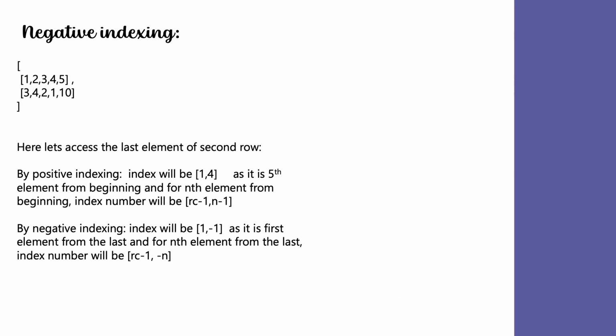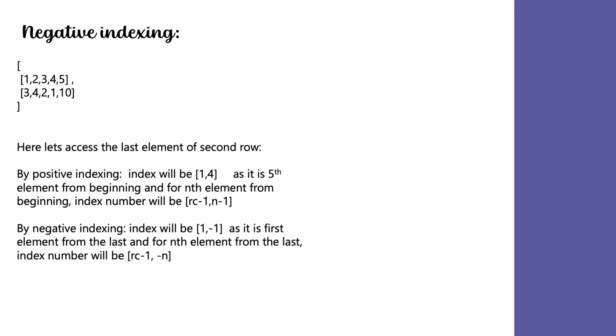Now let's do negative indexing for this array. So here by positive indexing, the index of the last element of the second row will be 1 comma 4 as it is the fifth element from the beginning, and in general for the nth element from the beginning the index number will be row count minus 1 comma n minus 1.